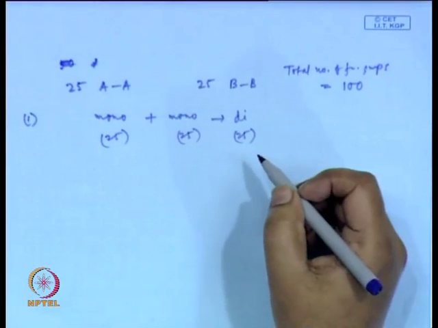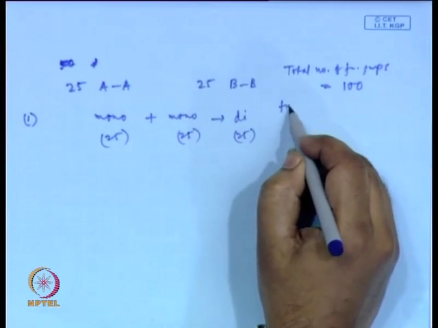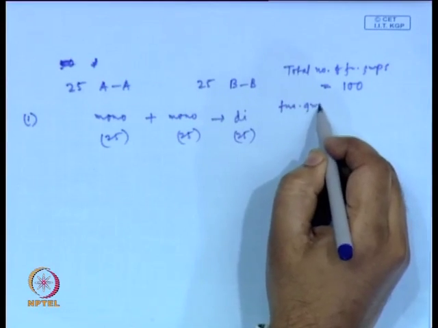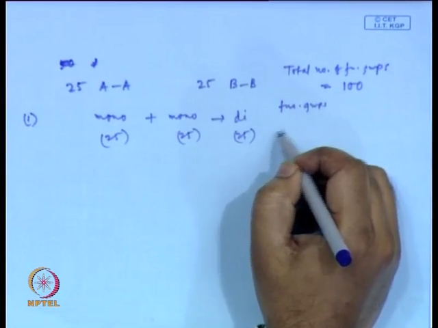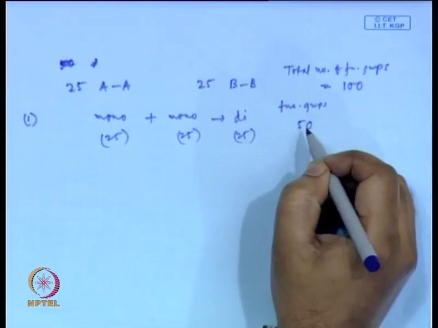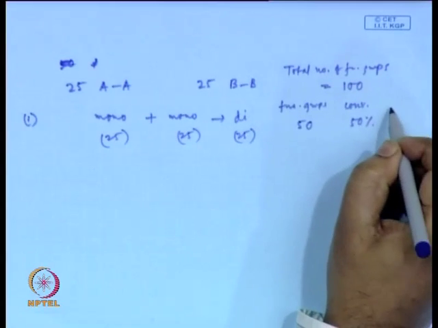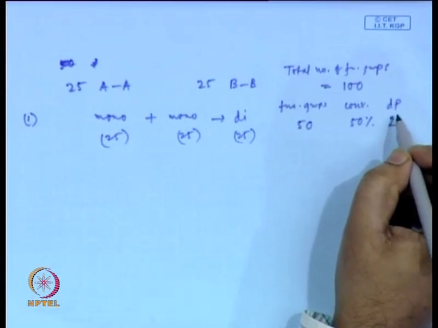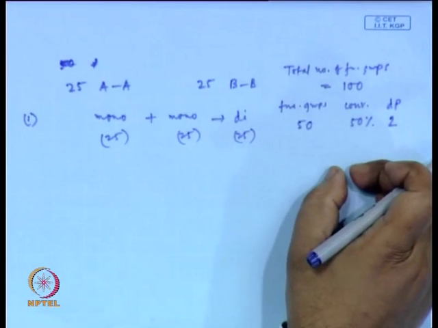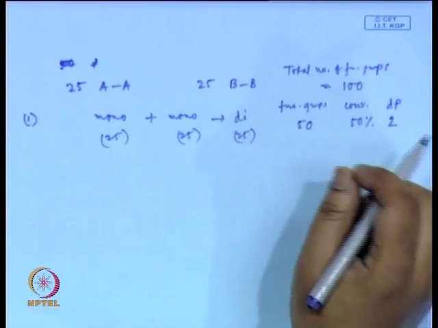So how many functional groups now? 25 dimers, each contains 2, which means functional groups are 50. So the conversion is 50%, and the degree of polymerization is 2. Degree of polymerization is the number of structural units present in the polymer chain or polymer molecule.